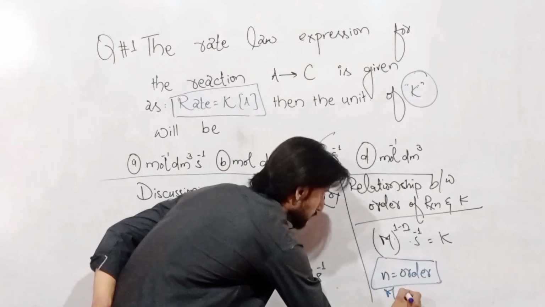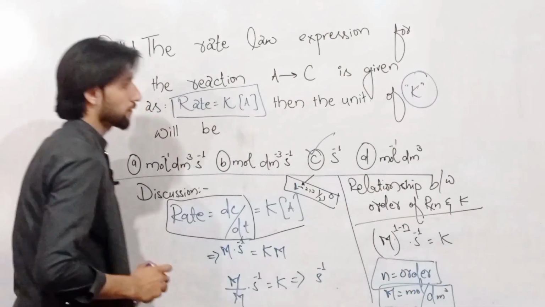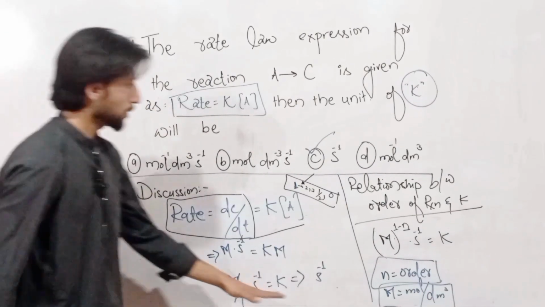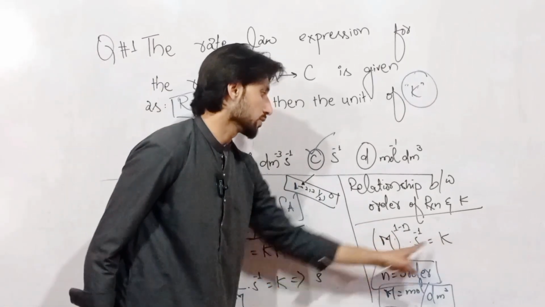M is equal to mole per dm cube. If the units of K are given, we can find order of reaction. If order of reaction is given, we can find units of K.